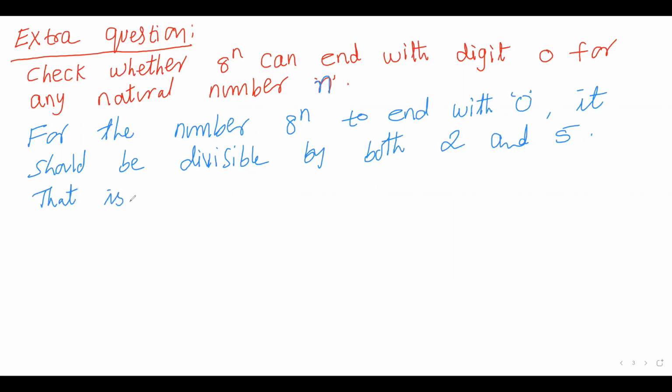That is, if it is divisible by 2 and 5, then in its prime factorization 2 and 5 will be present. So 2 and 5 must be present in the prime factorization of 8 power n.